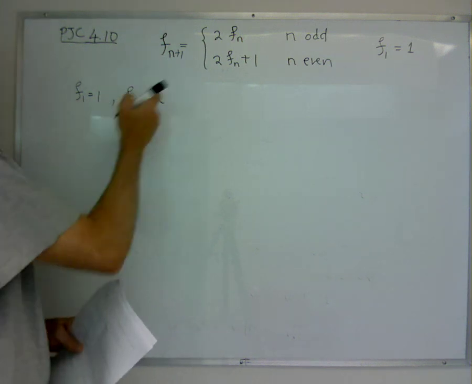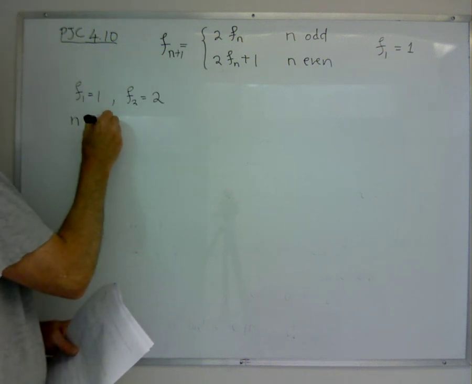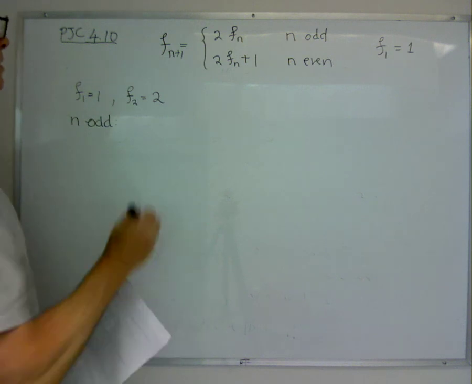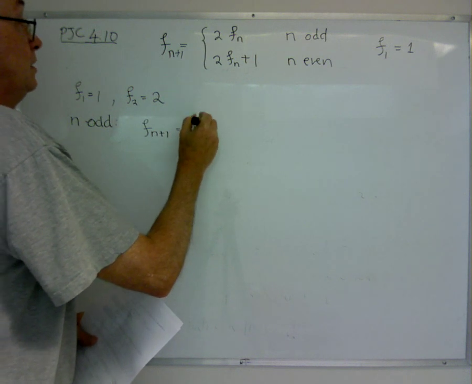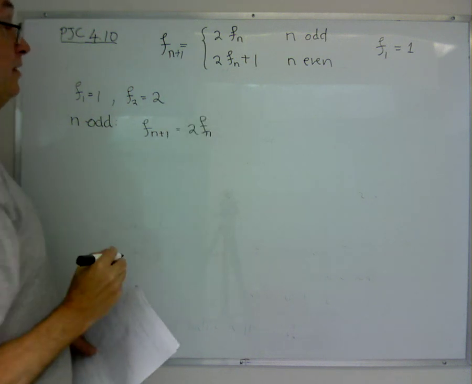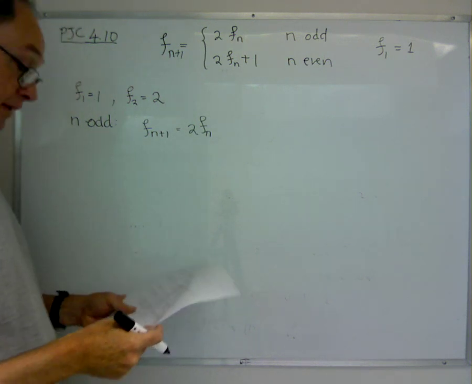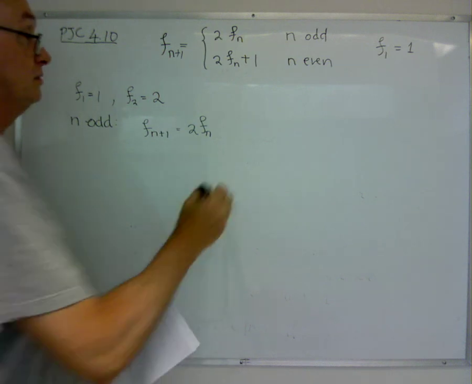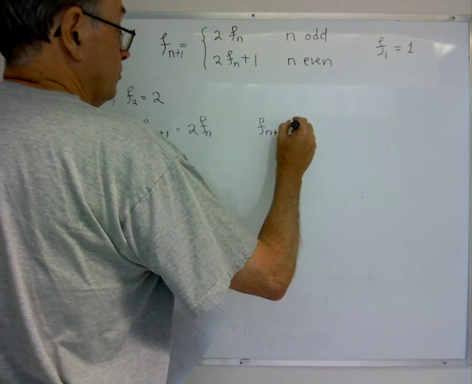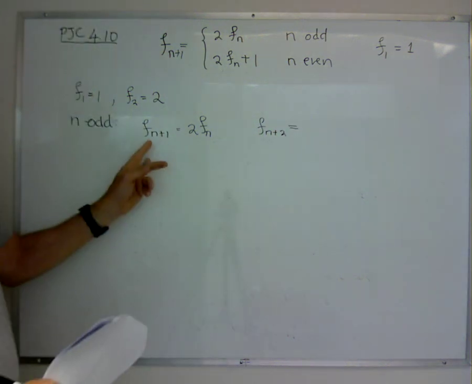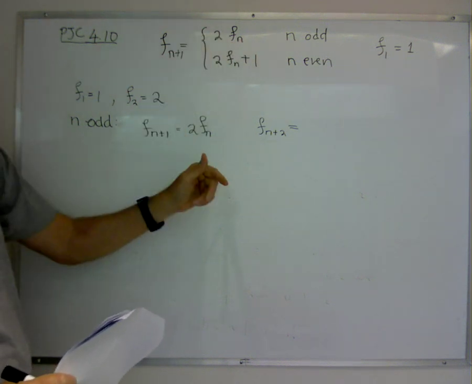Now first of all, there are two cases, n odd and n even. So let's look at the case when n is odd. So in this case, it's 2 Fn, right? And what is Fn plus 2? So you see, F of n plus 1, n is odd, you multiply by 2.